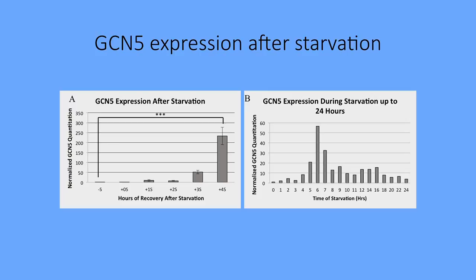If you look at the microarray data, GCN5 does peak at about 3 hours we're seeing in conjugation, and then in starvation you see it going up. What we did, we first did a short time course, saw it increasing. Then we did a longer time course, and you can see that it does kind of go up and then come back down, with its maximum after starvation around 6 hours.